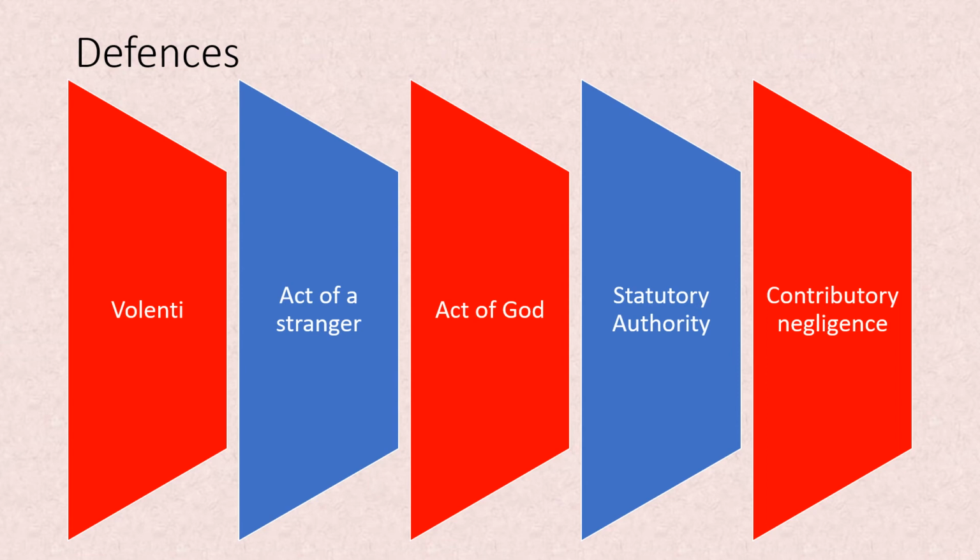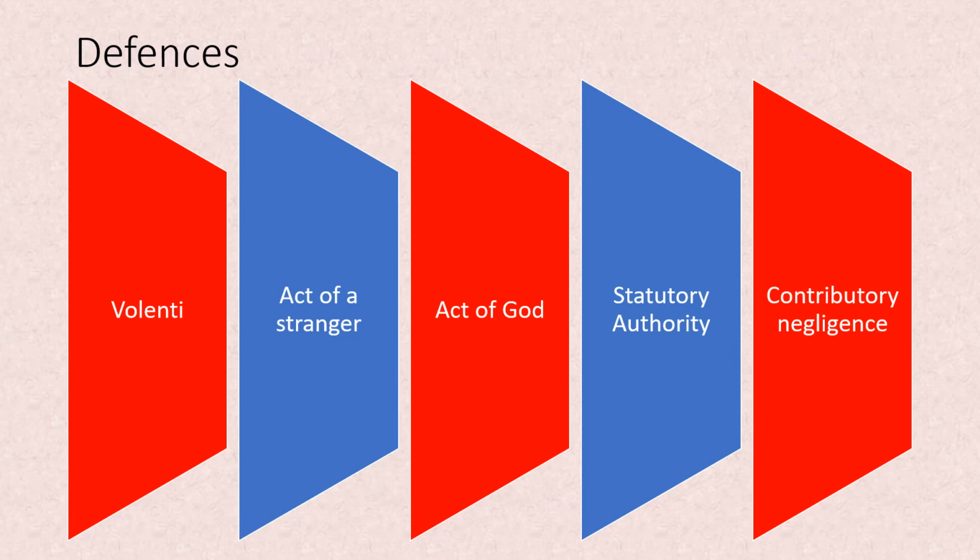Now there are other reasons that wouldn't satisfy, but act of a stranger certainly is where you can't explain what happened. So act of God, this is usually a weather event which is unforeseeable, so a storm, thunderstorm for example. And of course this may break the banks of a river, and if you store any liquid solution on your land and it floods, of course this would be applicable here if the weather event was unforeseeable.